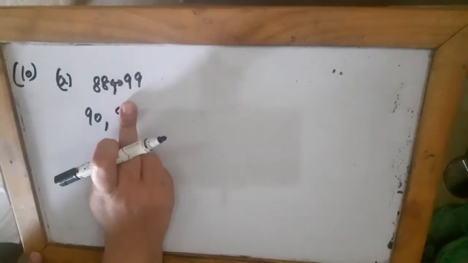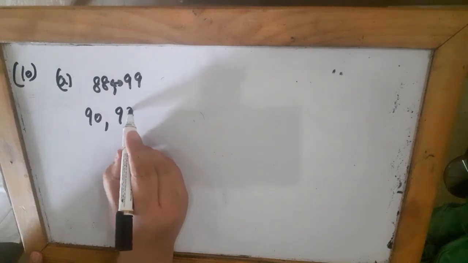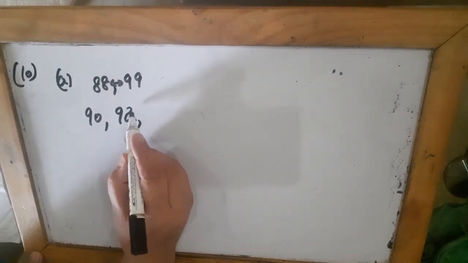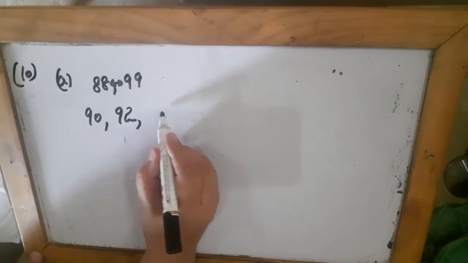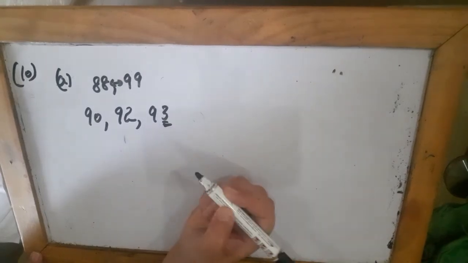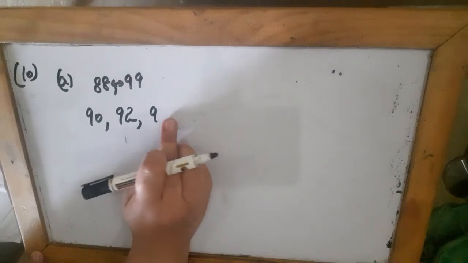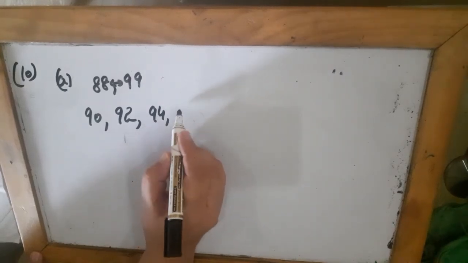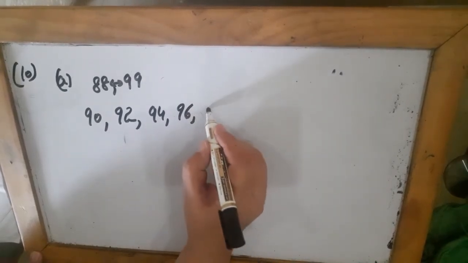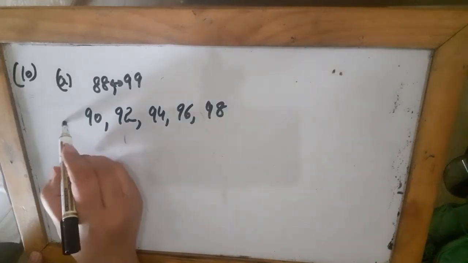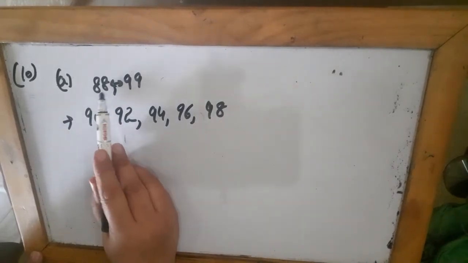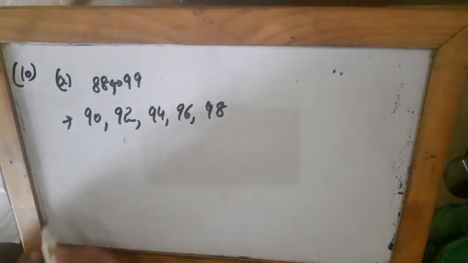Then 91, but this is odd, so I cannot write this. After 91 comes 92, this is even because it has 2 at its ones place. Then 93, this is an odd number, so I don't want this. So 94, then 96, then 98. So these are the even numbers between 88 and 99.